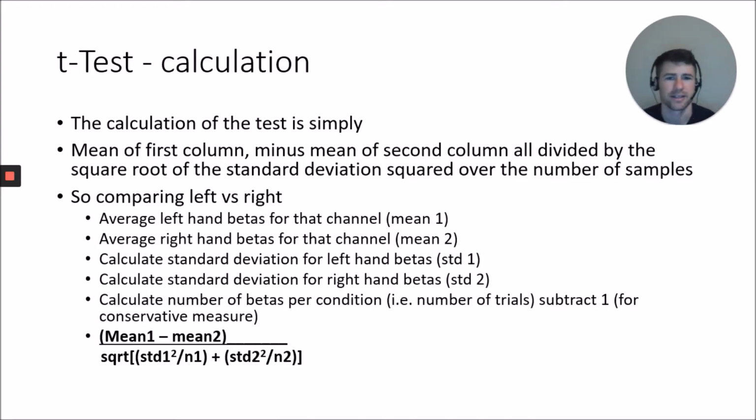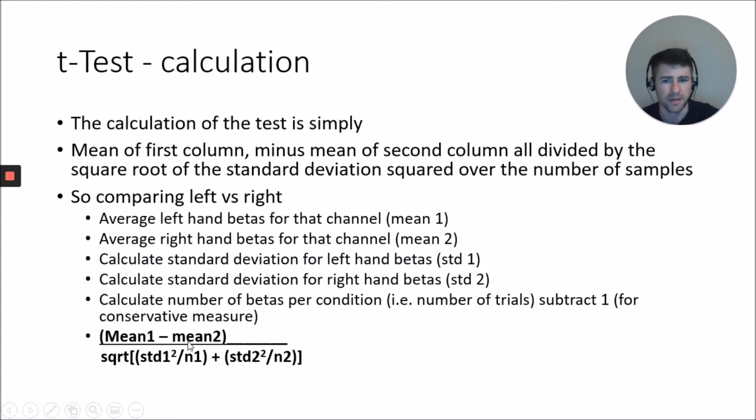In calculating it, the calculation is pretty simple. You calculate the mean of the first column, which is the left hand, mean of the second column, which is the right hand. You subtract those, and then you divide that by the square root of the standard deviation of the left hand over the number of samples, which will be the trials in this case. Then the right hand over the same samples. So that looks like this.